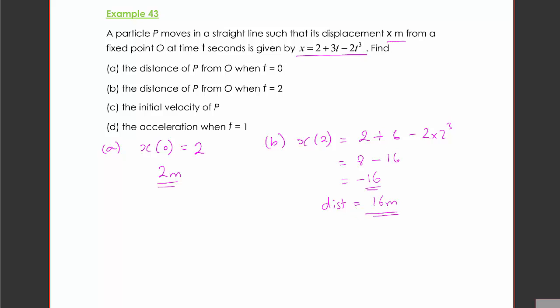The negative just indicates which side of the origin it is. Usually that's positive this side and negative that side, but we were asked for distance, not displacement, so we would ignore the negative sign.